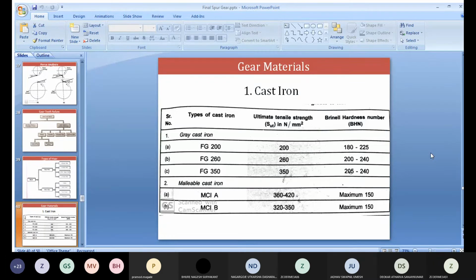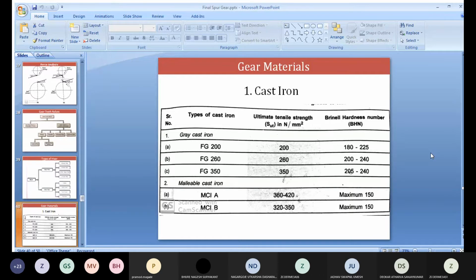Below that, following are the properties of gear materials.